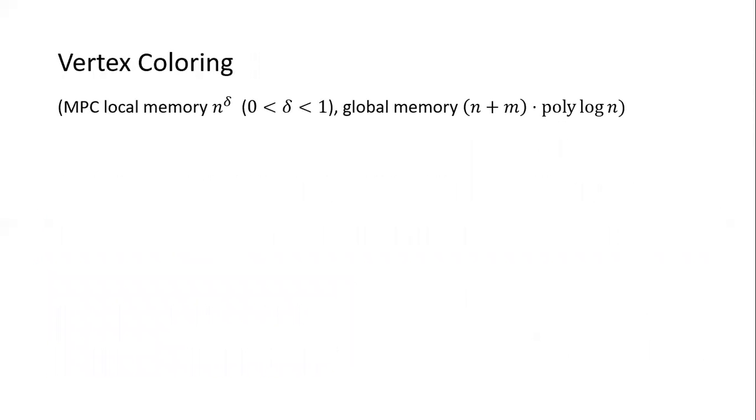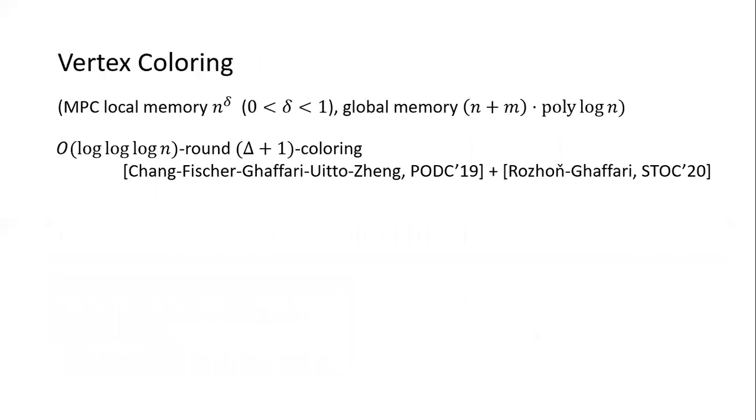Now I'll briefly talk about our second result on the vertex coloring problem. Currently, the best delta+1 coloring algorithm in sublinear MPC uses log-log-log-n rounds. And the question here is, can we use fewer colors for sparse graphs?